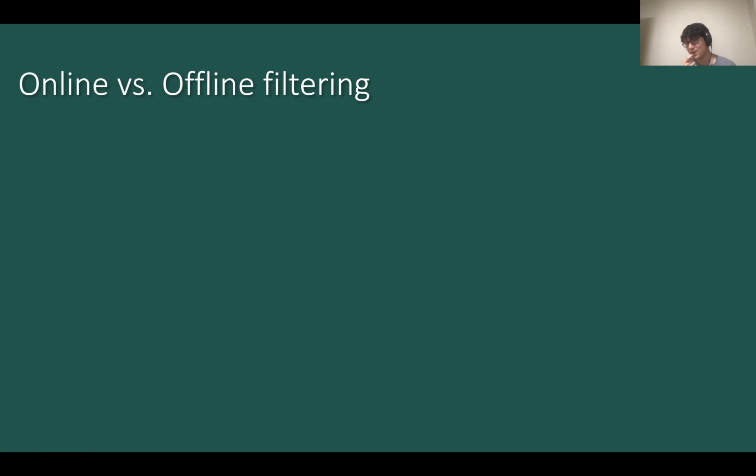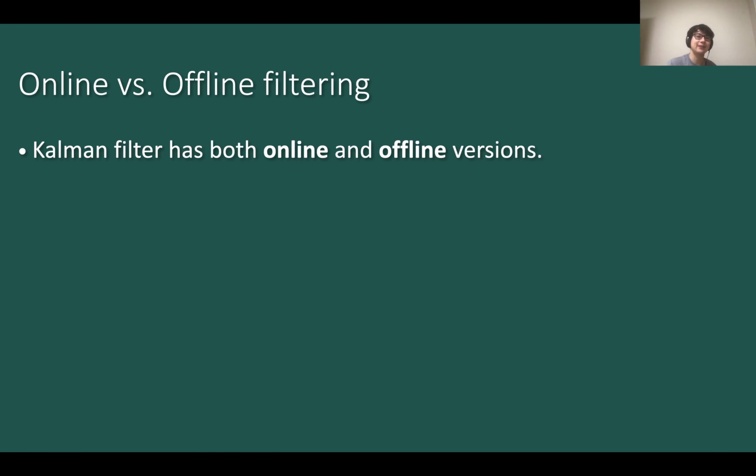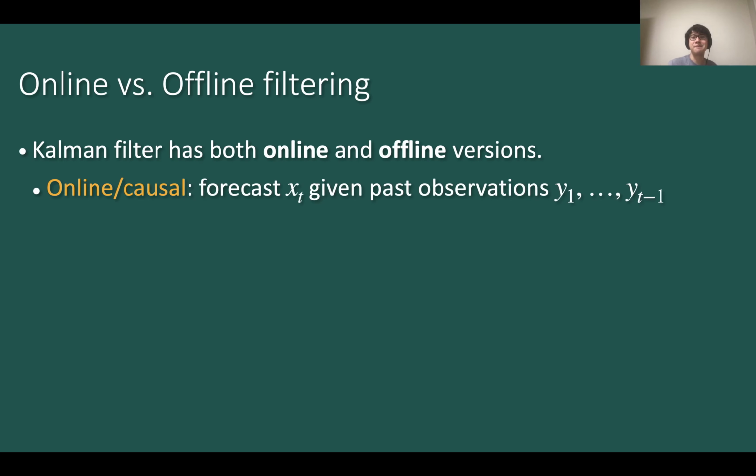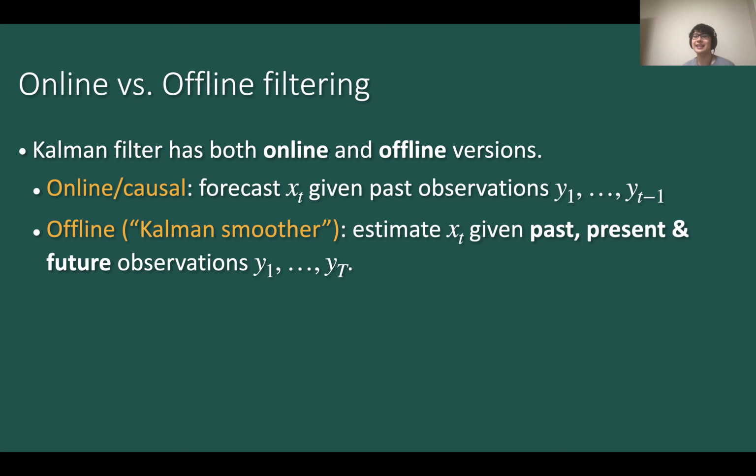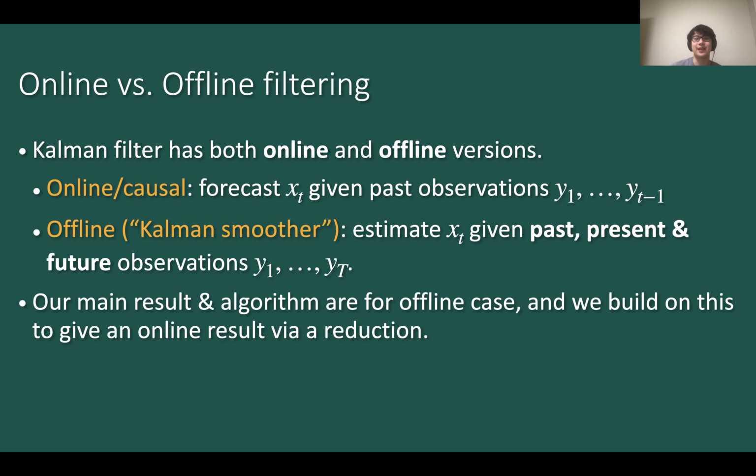Now another thing that we'll do is we'll move to the offline setting. So like I was saying, there are many variants of the Kalman filter. Before I was emphasizing the online or causal filter, but closely related is something called the Kalman smoother, which is an offline filter that estimates the state at time t given the past, present, and future. Okay, so those are both important in their own right. And we'll actually focus on the offline setting.